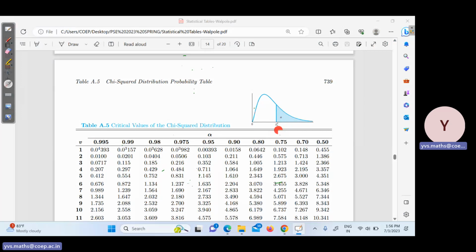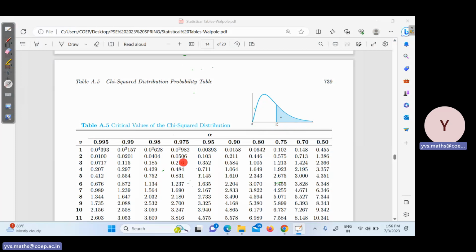And what's the suffix? The suffix is alpha, and alpha is the shaded region. So this is the probability density function curve of the chi-square distribution, which is not symmetric, but it's a non-symmetric bell-shaped curve. And the right-hand side area is alpha.